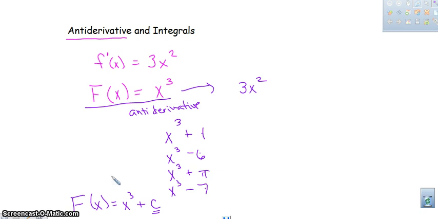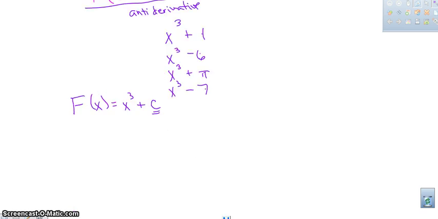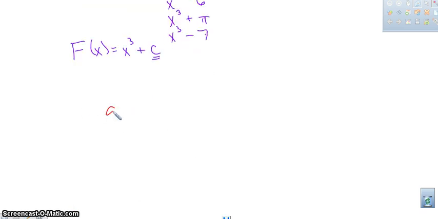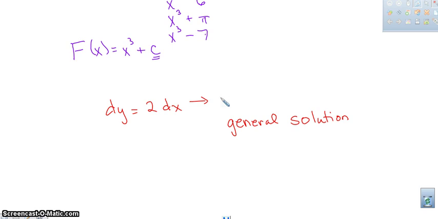A lot of times they use antiderivatives with differential equations that we used last week. So if I gave you this differential equation, dy equals 2dx, and they want you to find the antiderivative of that, or the general solution.